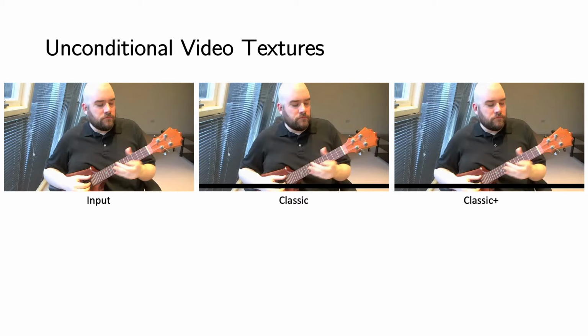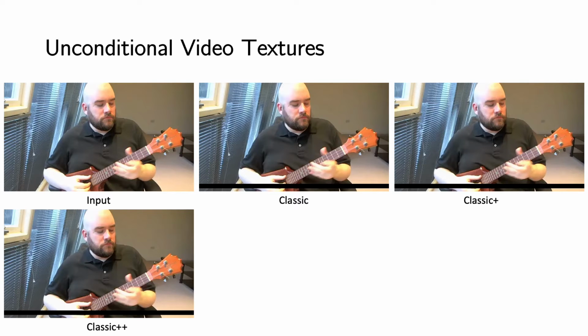Classic Plus, like Contrastive, appends multiple frames to the output sequence instead of a single frame. Classic Plus Plus adds a stride while filtering the transition matrix. Both Classic Plus and Classic Plus Plus textures are slightly better than Classic, but lack diversity and produce jarring transitions.